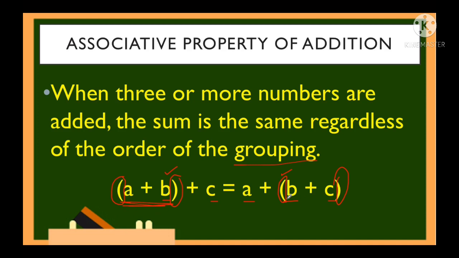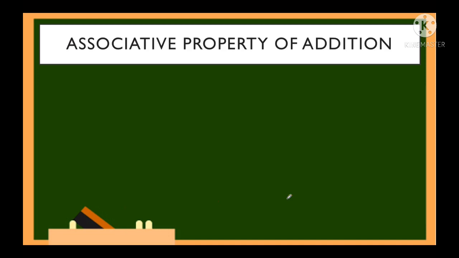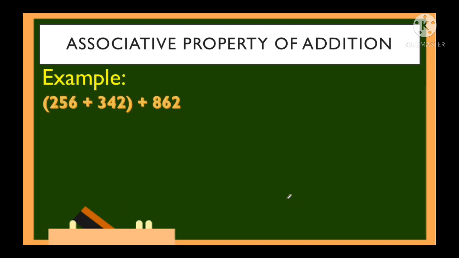Okay, let's have an example so you can understand it more. For example, we have here 256 plus 342, those are the first group, plus 862, is the same as 256 plus the second group, 342 plus 862.